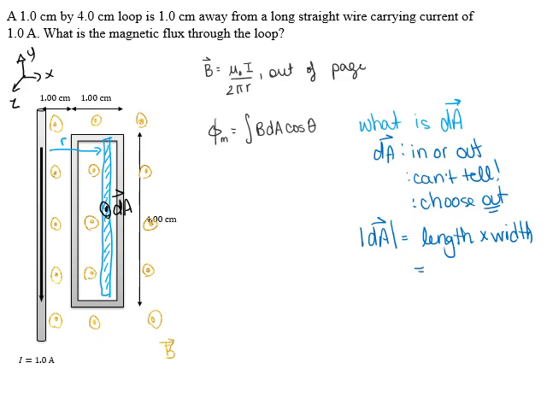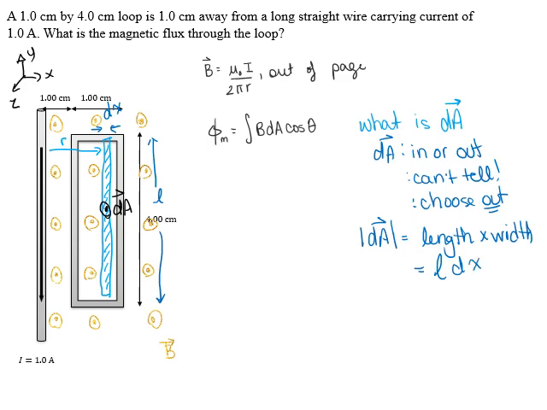The length is given as 4 centimeters. I'm going to label that as L. And the width is a little bit in the horizontal direction. There's my width. So my horizontal direction is in the x direction, so times dx.